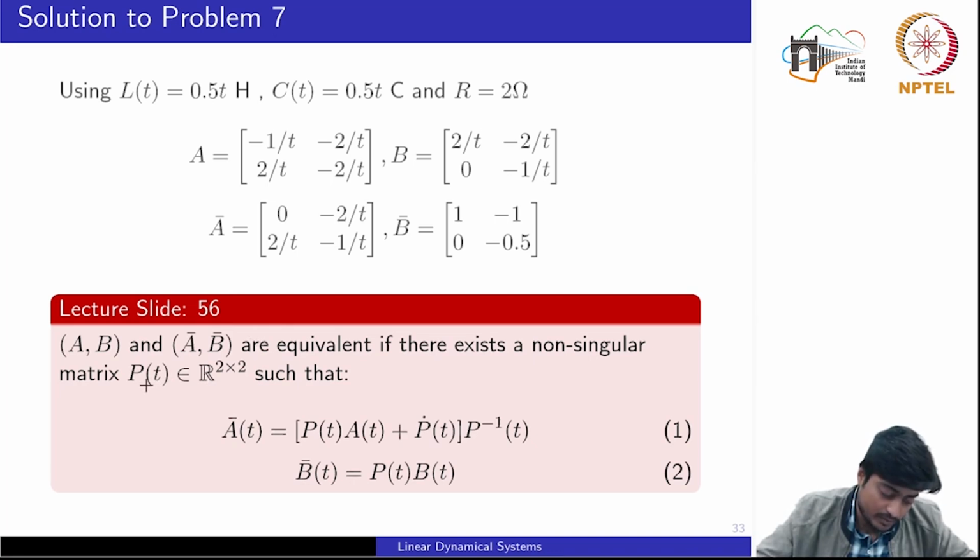So we are looking for that matrix P, a square matrix of dimension 2, such that these two relationships are satisfied between these two pairs. If there exists a P matrix, these two pairs are equivalent.